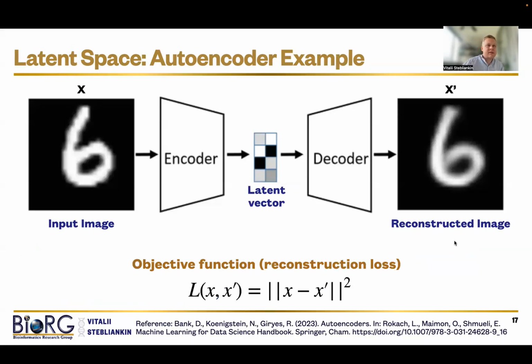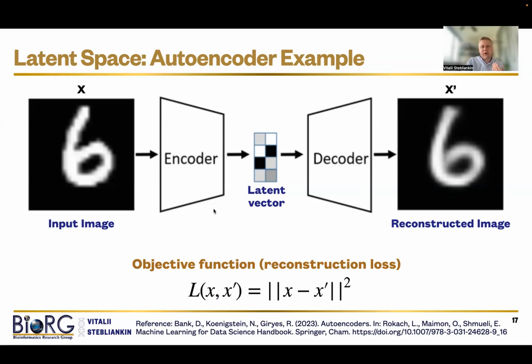The latent space is learned during training, which depends on the objective function or loss function. The objective function is a way to signal whether the model is doing a good job or not. If it's not doing a good job, then the weights of the encoder and decoder are going to be adjusted such that at the next iteration, it will do a better job.